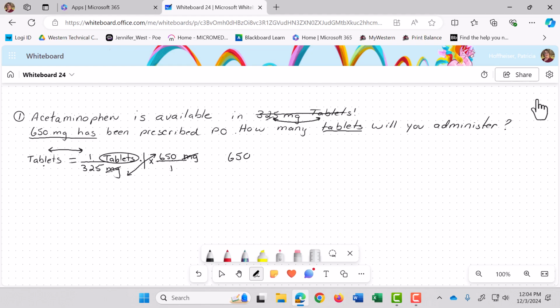It's really a stylistic preference. 325 times 1 is 325, and then you divide your denominator into your numerator, which equals 2. And then I ask the students to go back to their problem. It's 2 tablets. And that's the initial lesson in how to set up dimensional analysis using what we'll call method one.